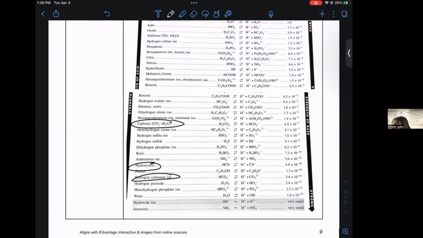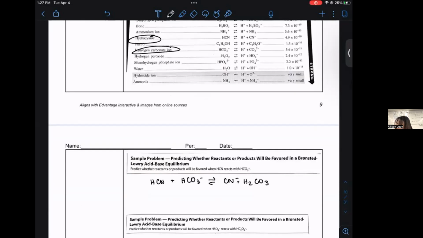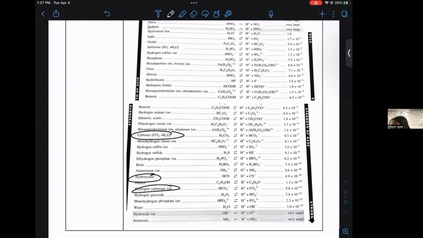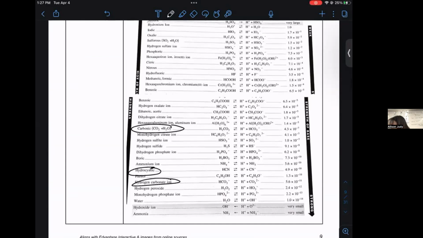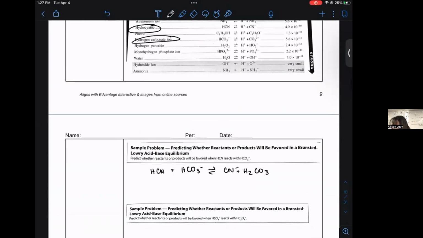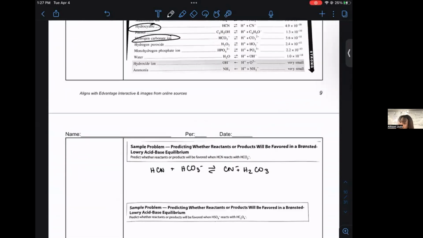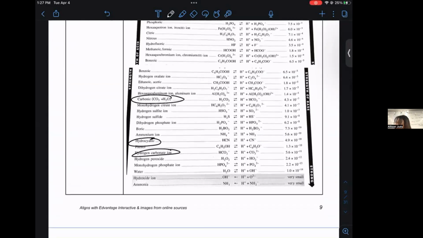So that is technically a better acid. HCO3 minus is a better acid. H2CO3. H2CO3 is a better acid. There we go. This is the better acid. It has the highest Ka. Sorry, guys.